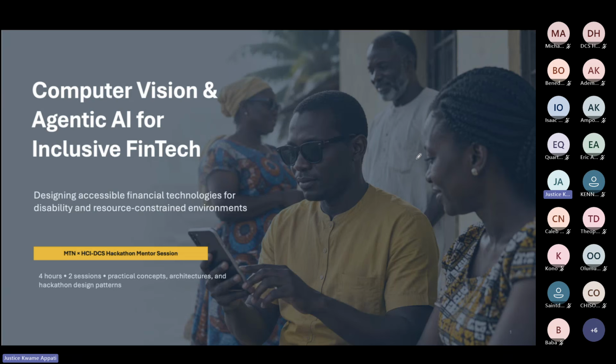I will handle the computer vision aspect, and my colleague will take care of the agentic AI aspect in the evening. My case study for this morning will be around the fintech sector. Of course, you can feel free to apply them in any other domain, but I'm only focusing on fintech as a case study for today's meeting.